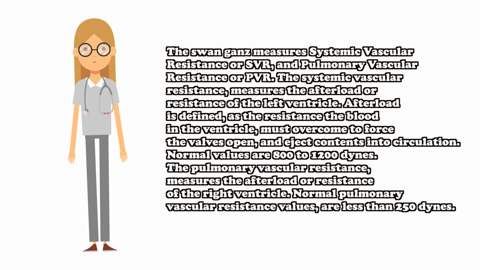Normal values are 800 to 1200 dynes. The pulmonary vascular resistance measures the afterload or resistance of the right ventricle. Normal pulmonary vascular resistance values are less than 250 dynes.